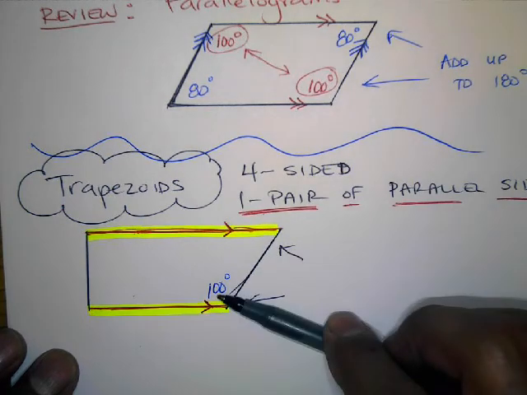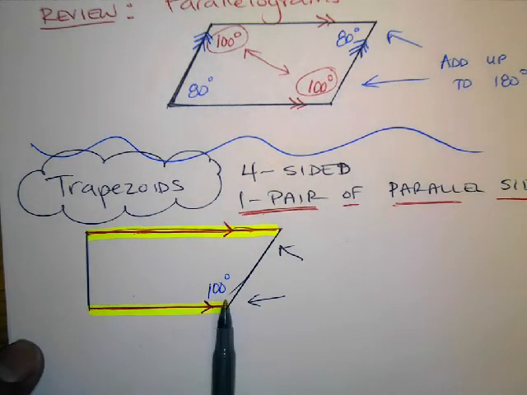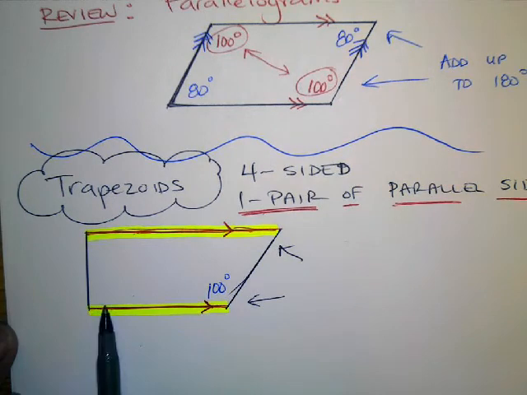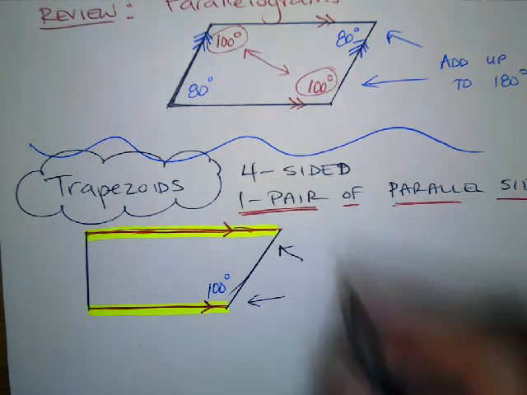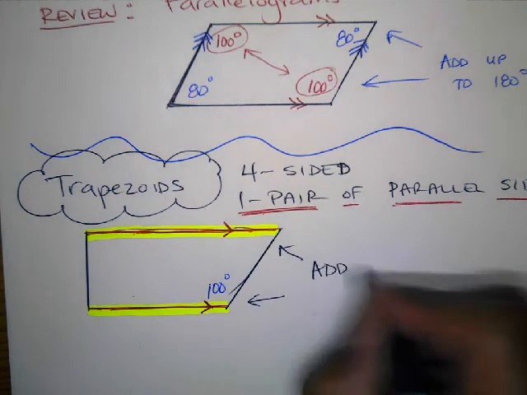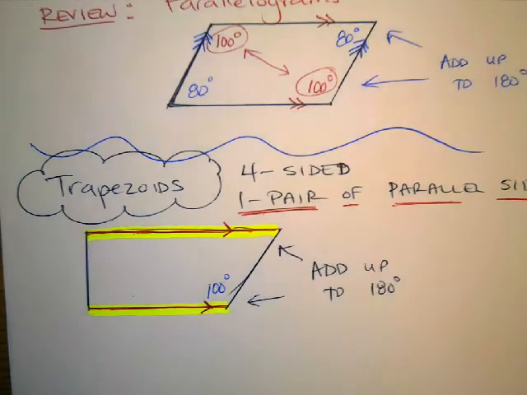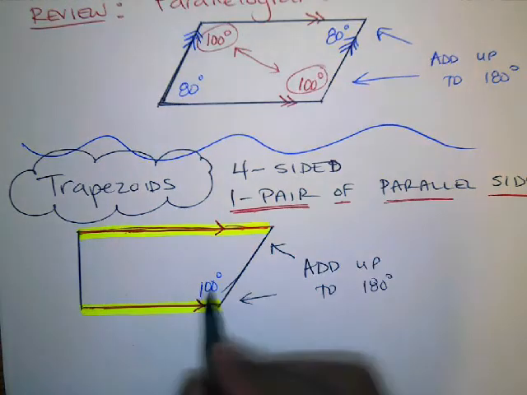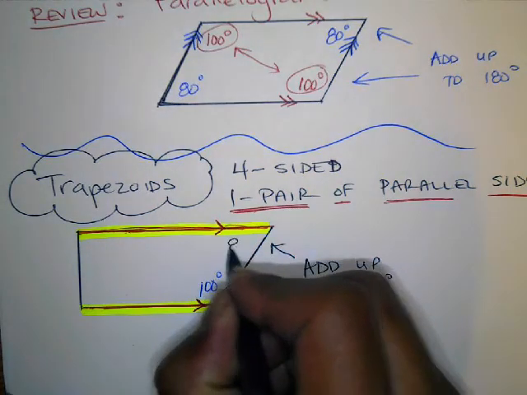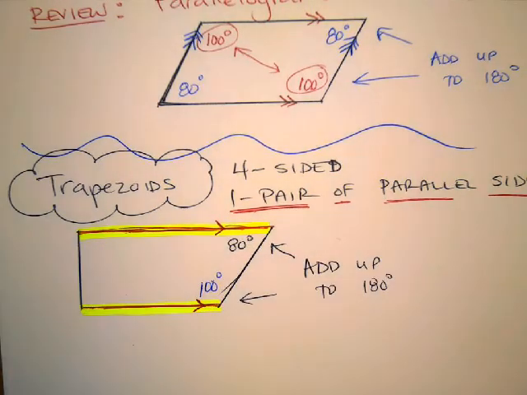The top with the bottom, or this top with this bottom. Not this way. Not the way that the parallel line is going, not like on the same side of the parallel line. So these will add up to what? To 180. So if that's 100, well, this one has to be 80.